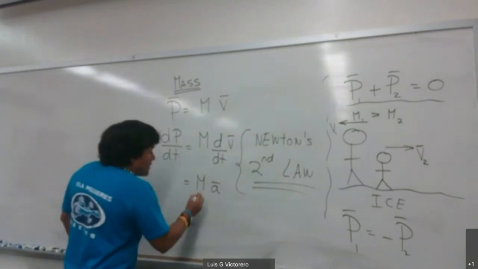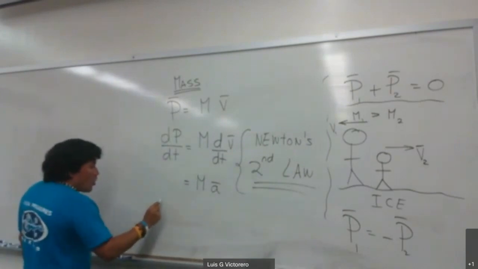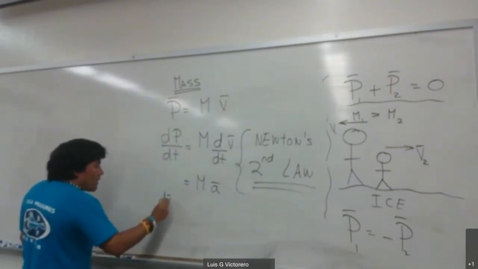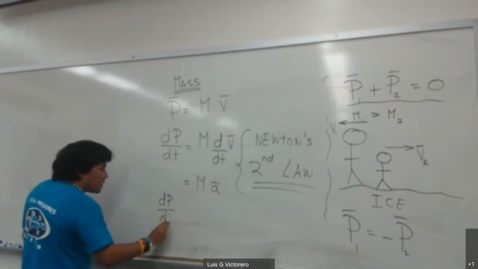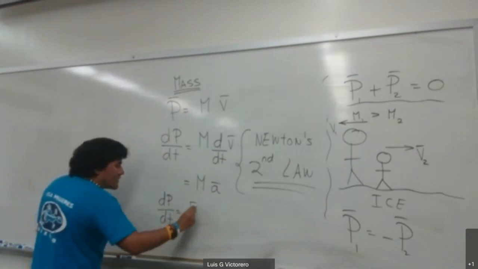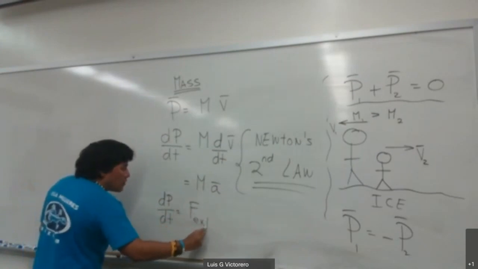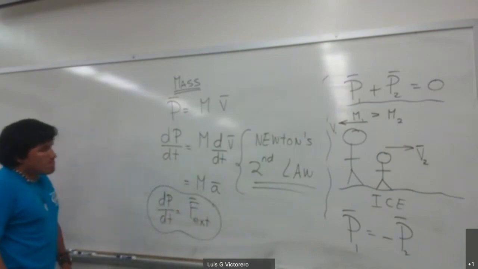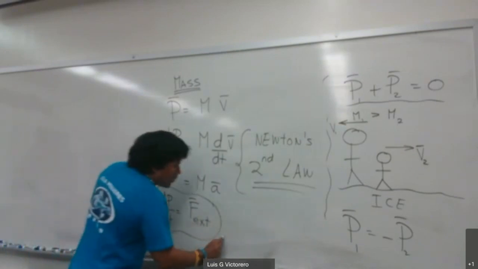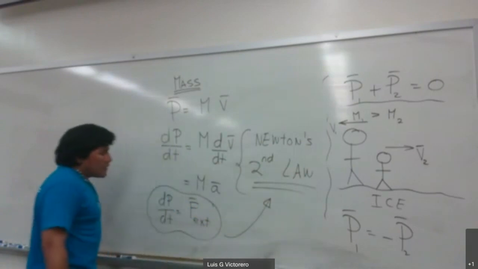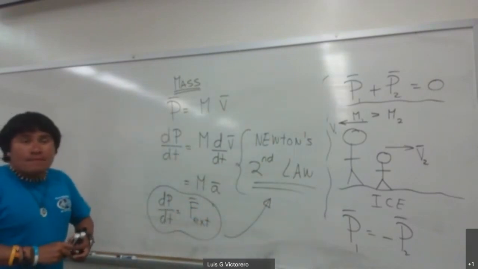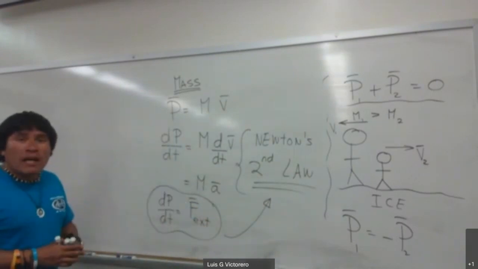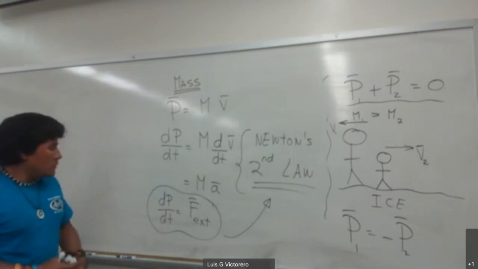And what is mass times acceleration? So the first derivative of momentum with respect to time is equal to the external force acting on the mass. So that's another way of writing Newton's second law, that the change of momentum of a mass is due to the external force acting on the mass.